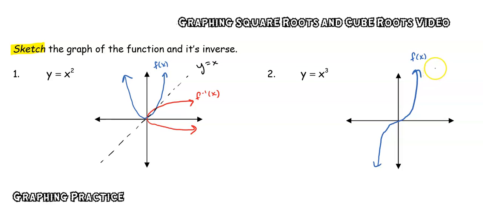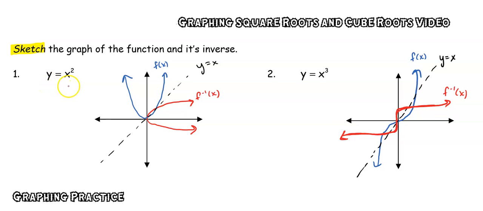Again, we reflect over that line, y equals x. And we get that reflection. Our graph, that wasn't very good. That wasn't good either, but we're gonna run with it. There is our inverse.